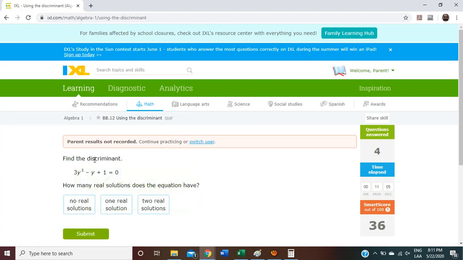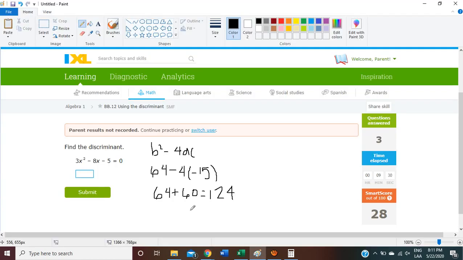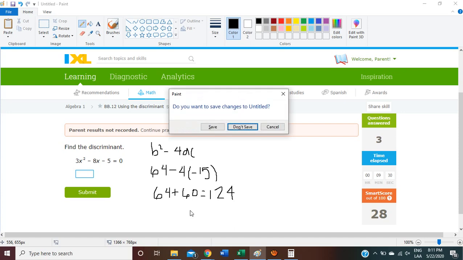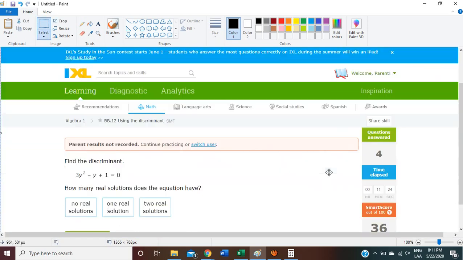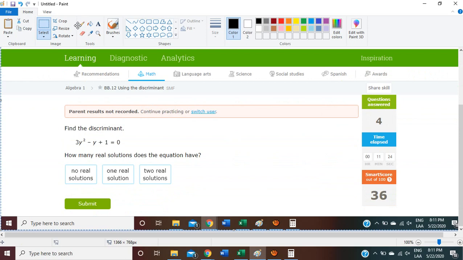As I told you, you have to choose: this equation has no real solution, one real solution, or two real solutions. This is the last that we're going to do together. The rest you have to do by yourself. So let's do it quickly. The formula says b squared.